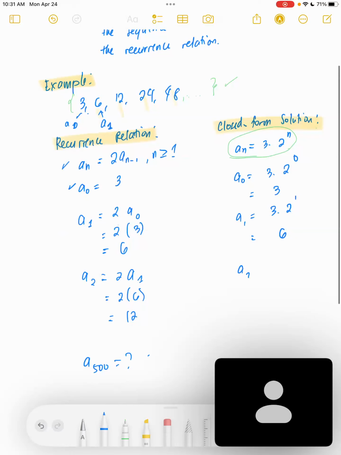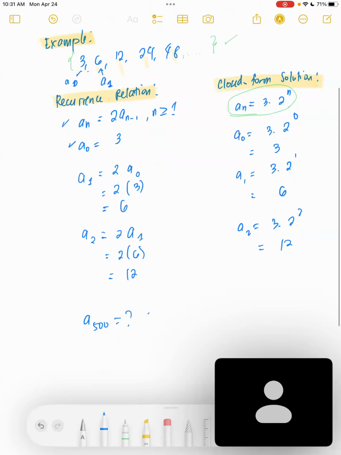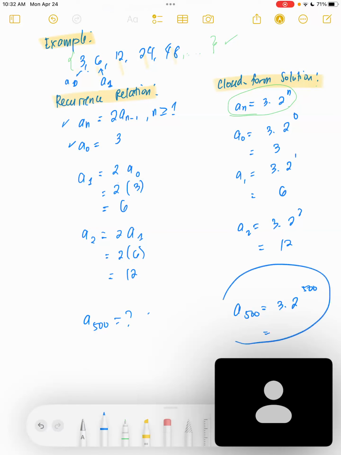And a sub 2 will give us 3 times 2 raised to 2, which is equal to 4 times 3, or 12, and so on and so forth. So if you wanted to compute for, let's say, a sub 500, that would give us 3 times 2 raised to 500. Okay, and then we can already compute the value in the 500th position of the sequence.